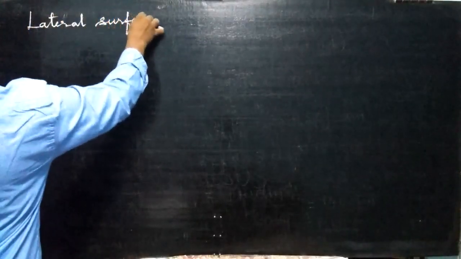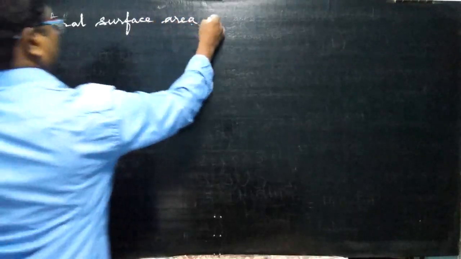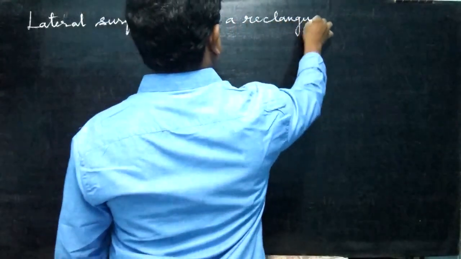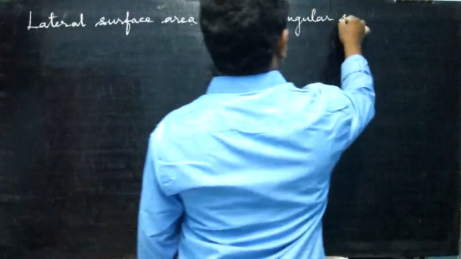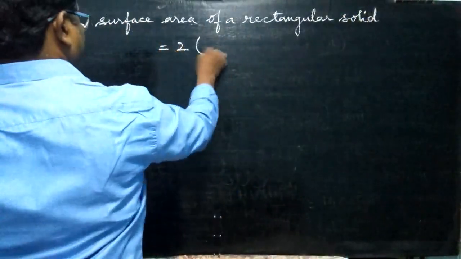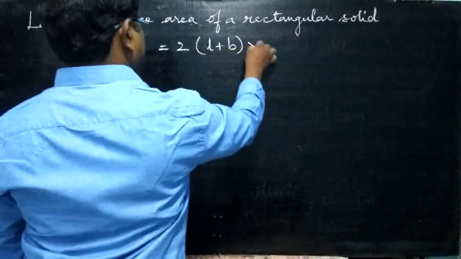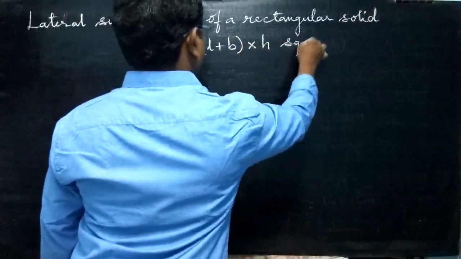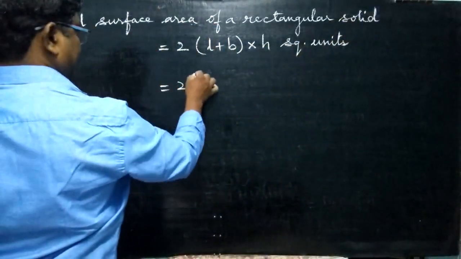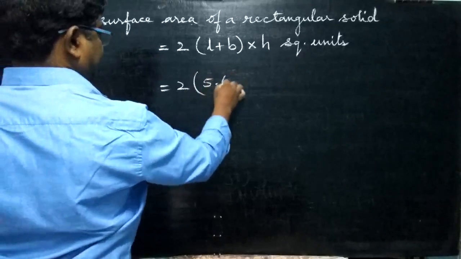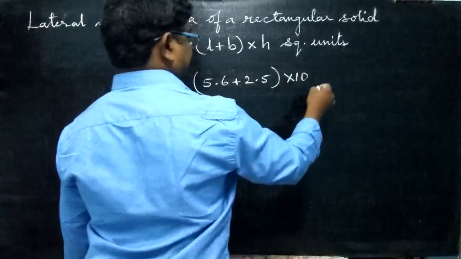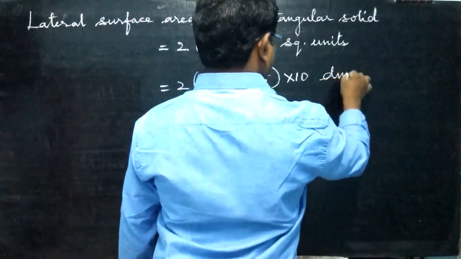Next, they are asking to find the lateral surface area of a rectangular solid, which is equal to 2 into (L plus B) into H square units. So that is equal to 2 into (5.6 plus 2.5) into 10 decimeter square.